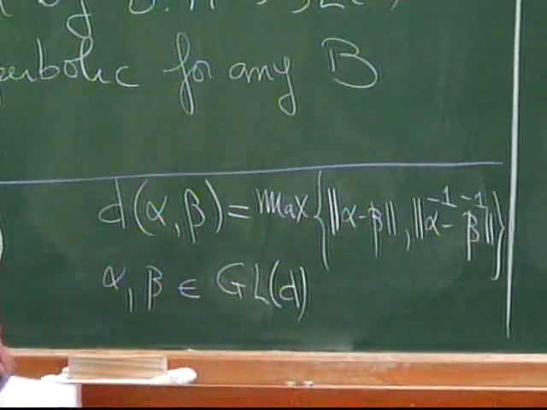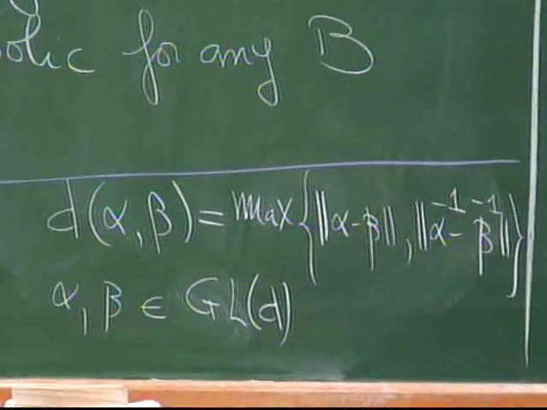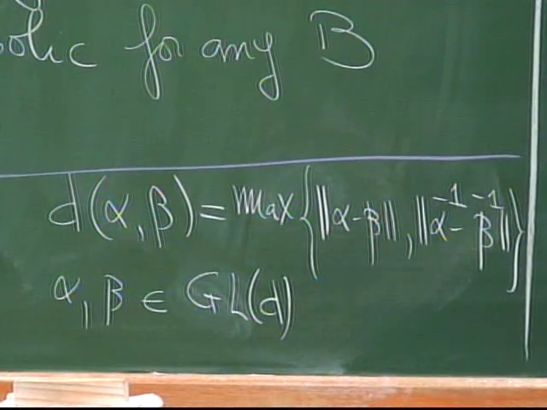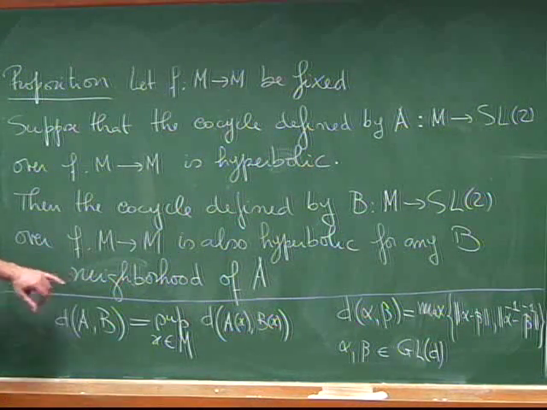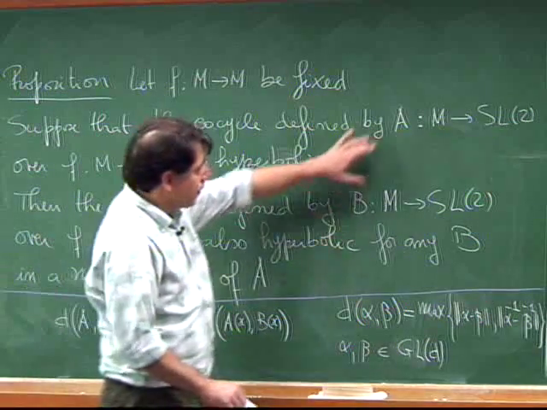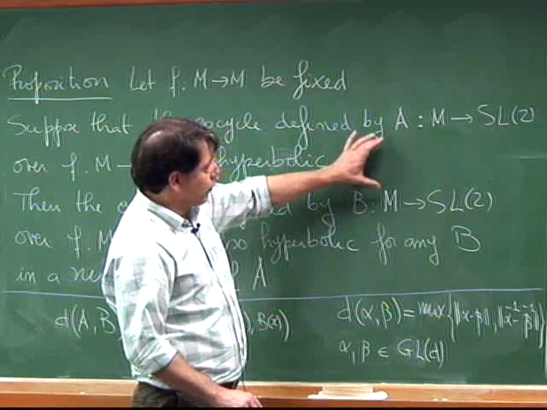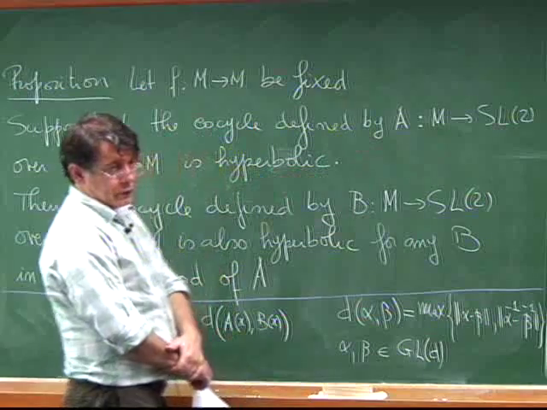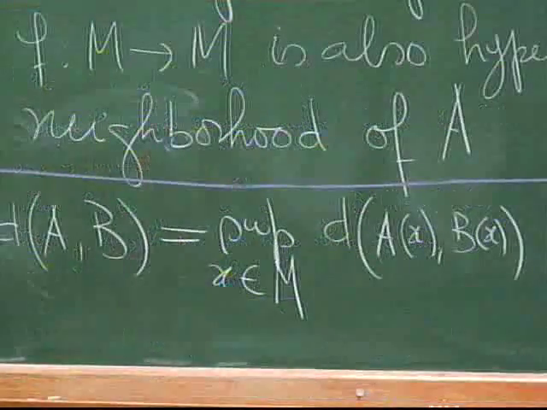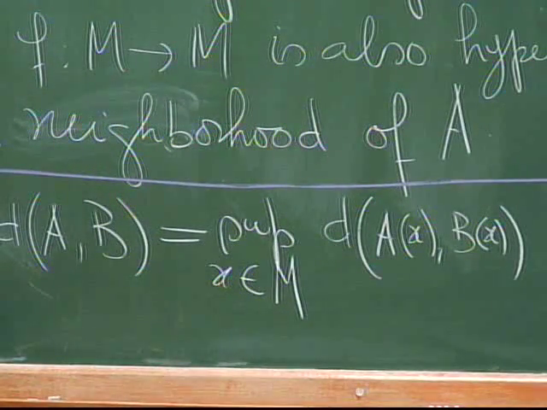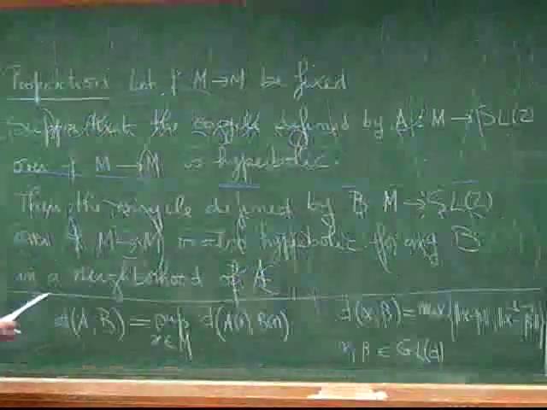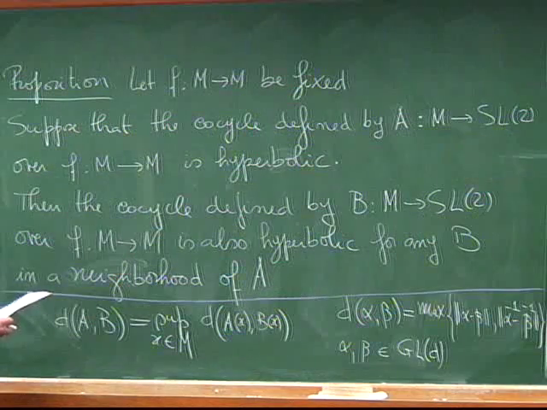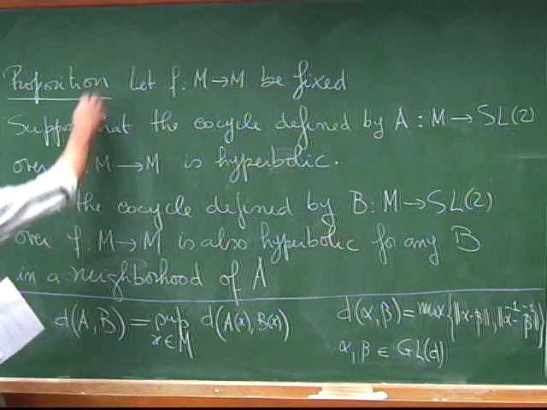For instance, the operator norm that I defined last time. So by neighborhood, I mean neighborhood in the topology of uniform convergence. Two functions are close if they are uniformly close. Close at every point with uniform estimates. Okay. So this proposition deserves to be called stability.